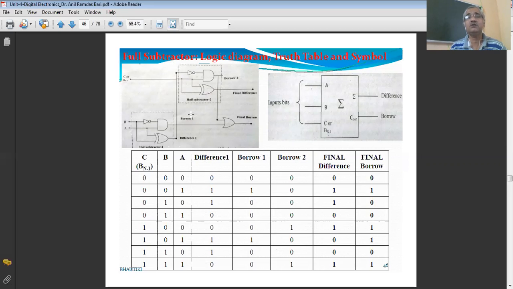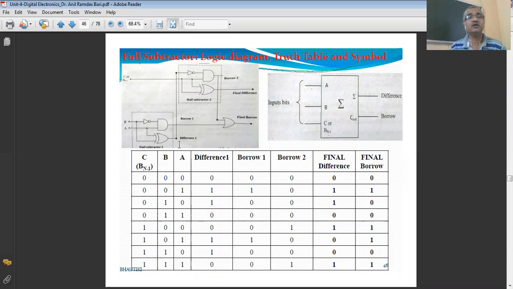Now, what is the borrow? For 0, 0, the NOT gate output is 1. So at the AND gate there is a signal 1 and 0, so the output of the AND gate is 0. So borrow 1 is 0.